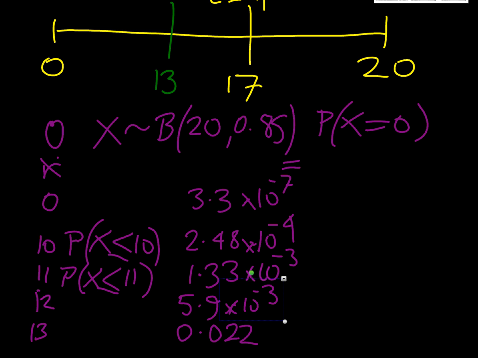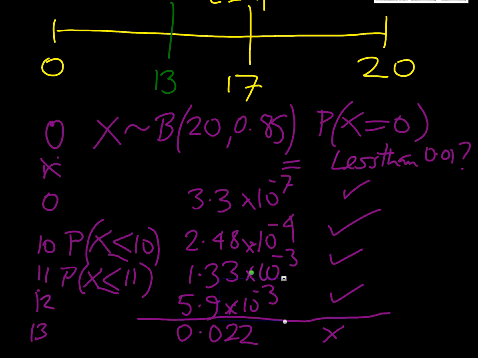So these figures here, if we just did a column, are less than 0.01, so they're more extreme than our significance level. That one's not. So what's our highest value of x? It's 12.